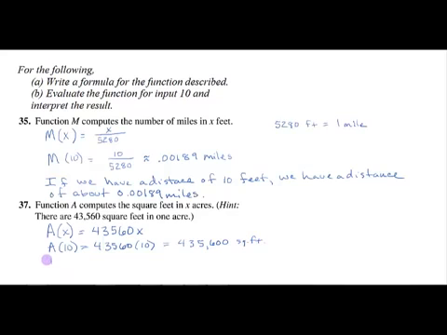It means if we have 10 acres, then we have 435,600 square feet. Again, we mention the X in the equation and the Y, the output, but we don't just talk about them as inputs and outputs. We talk about them in regular everyday terms.